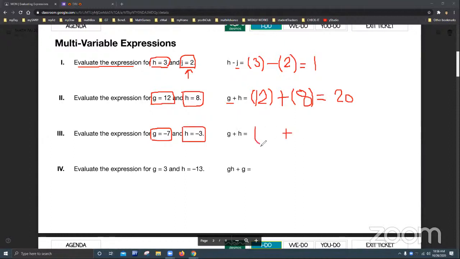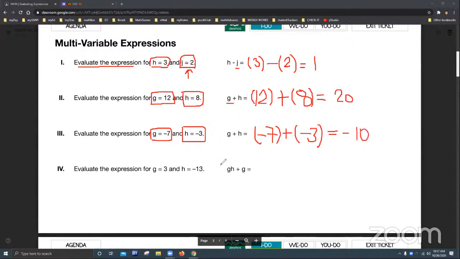The first letter is G, so I'm going to open empty parentheses. Second letter is H. The first number, G, is negative 7, so I plug in negative 7. The second letter, H, equals negative 3, so I replace H with negative 3. Then you do the addition. When you use your calculator, it's negative 7 plus negative 3, and that becomes negative 10.